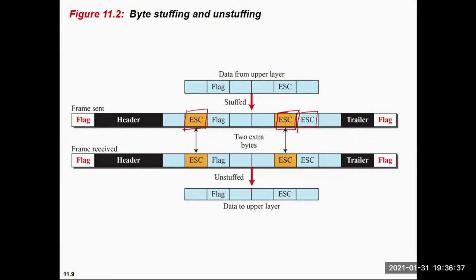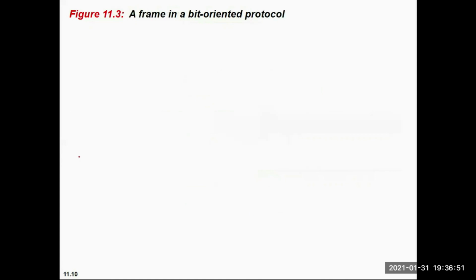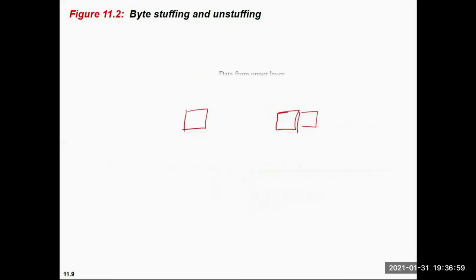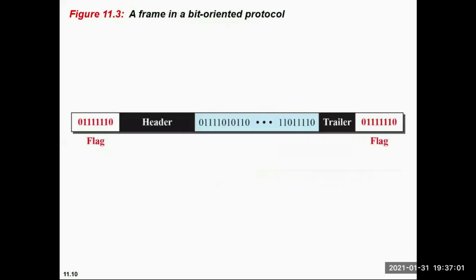If you do unstuffing at the receiver side, you will get the same data sequence. This happens in the byte stuffing and unstuffing case. Now this is the character-oriented protocol. Now we will see the bit-oriented protocol.